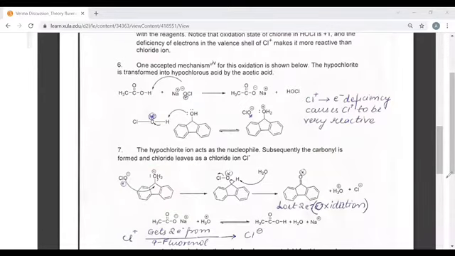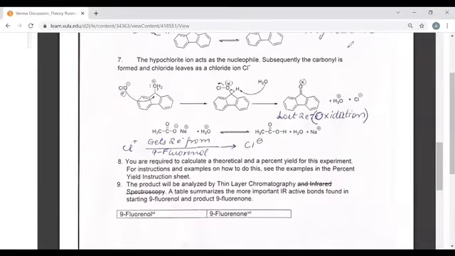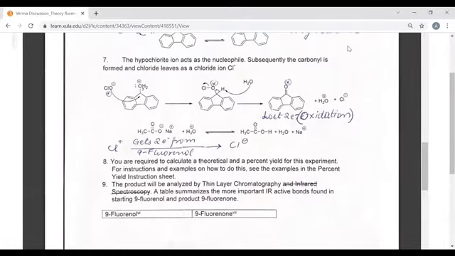Furthermore, in this reaction, once your catalyst and bleach has generated the HOCl, it will behave as a nucleophile. Nucleophile overall is an electron-rich species.